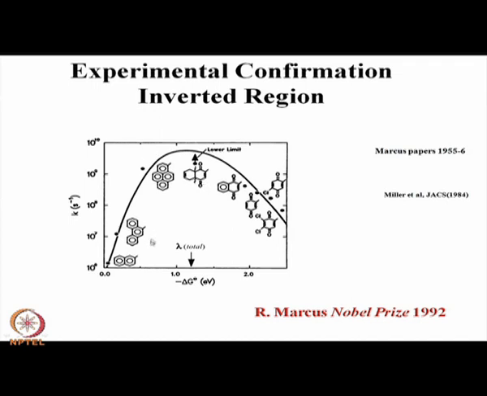So, experimentally, if we work with various types of electron transfer donor acceptor systems, you will find that the rate of electron transfer increases, then it reduces.